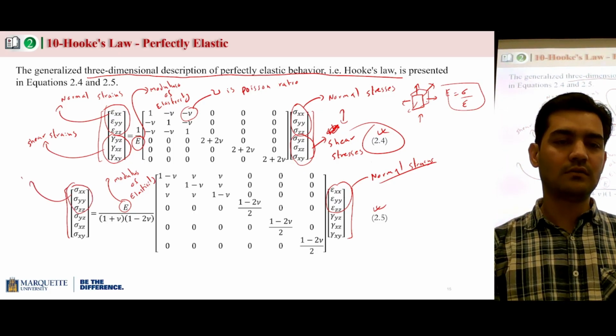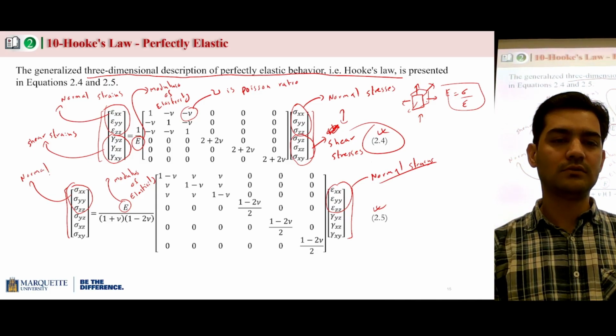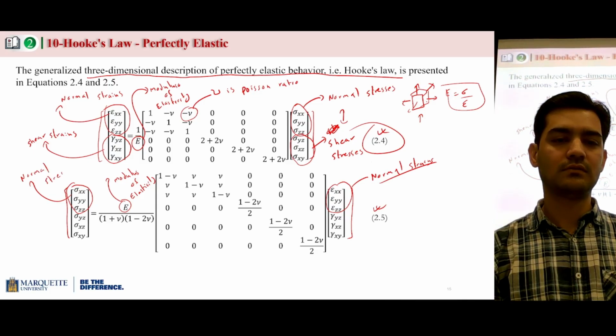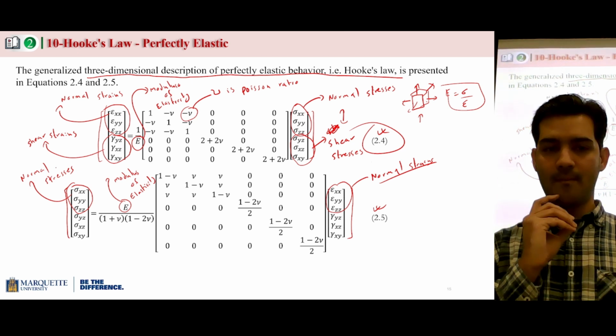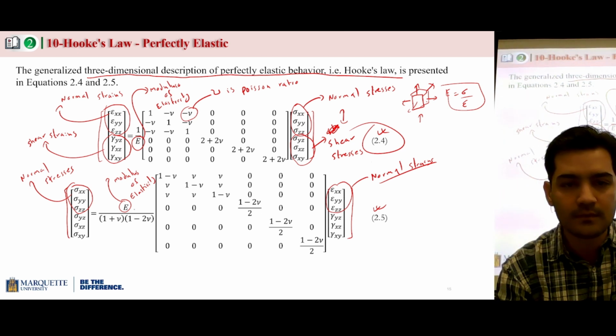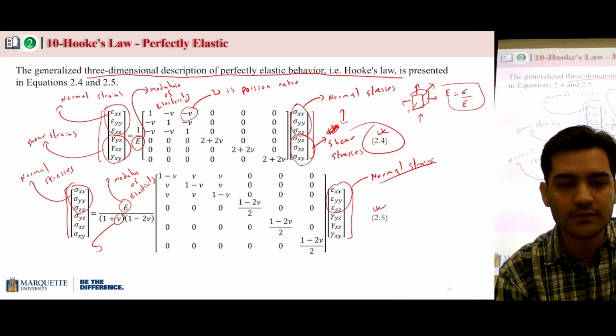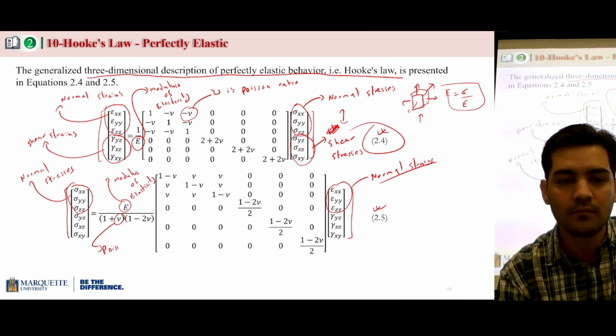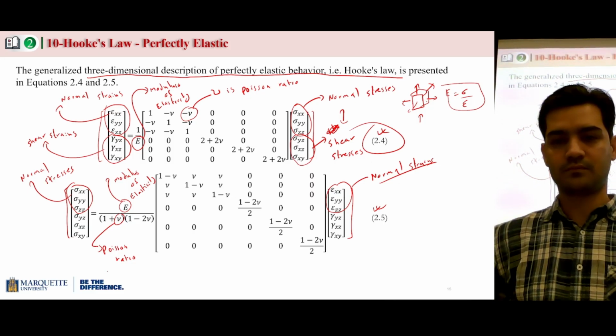These are normal stresses. This is the Poisson ratio.